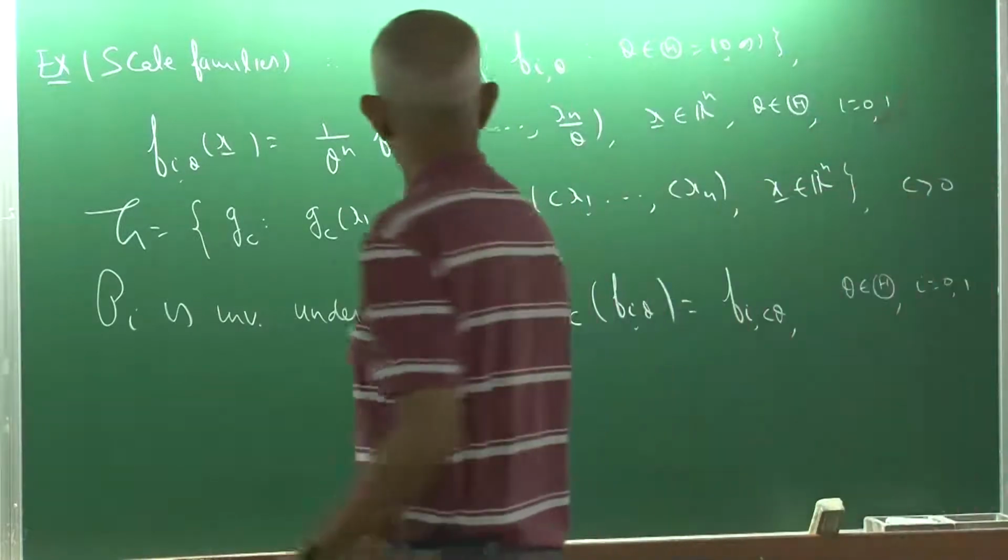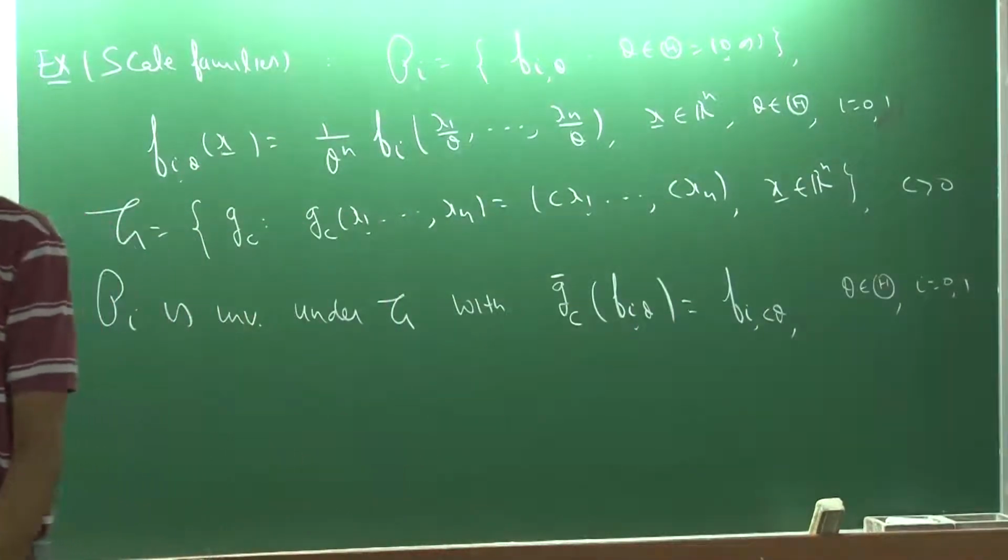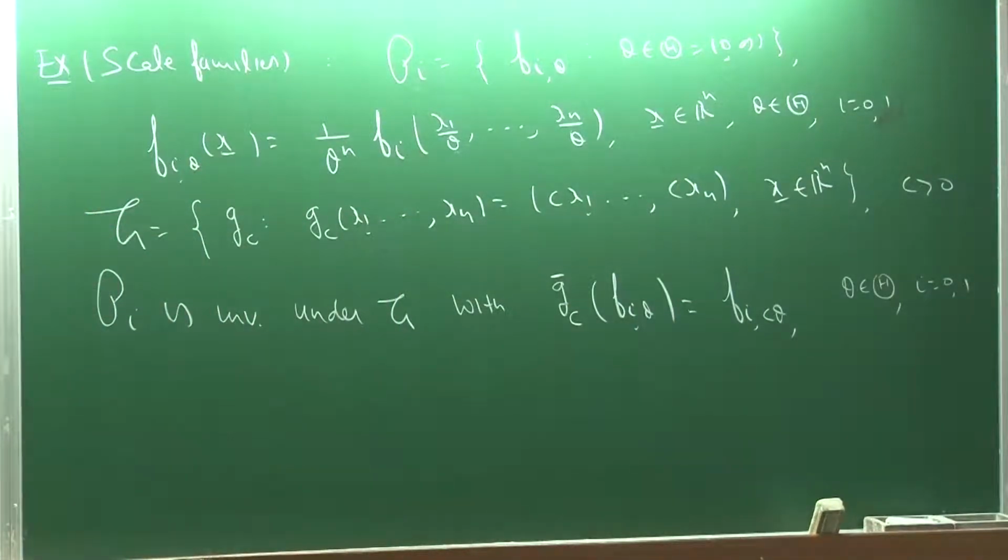Fi remains the same. So this we know, right? Theta just gets changed to C theta. So P0 and P1 are invariant, so I need to consider only invariant tests.